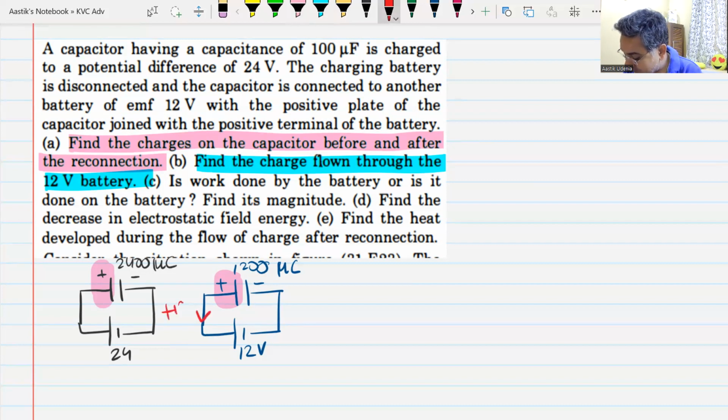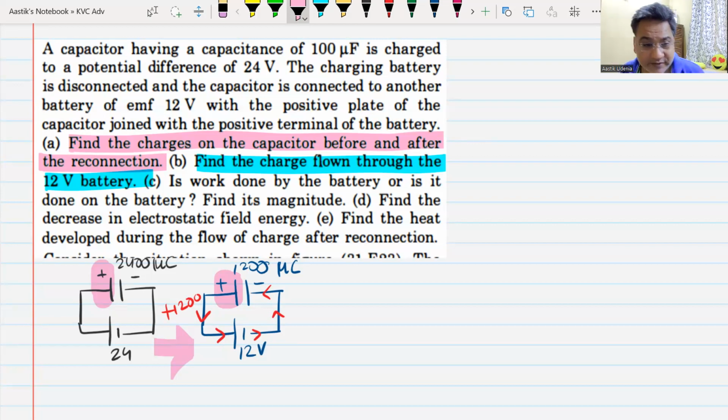Plus 1200 charge has flown like this, from here to here. What is the work done by the battery?